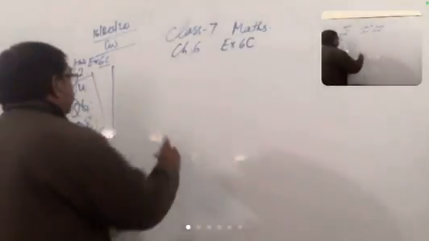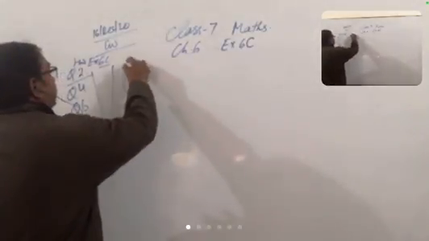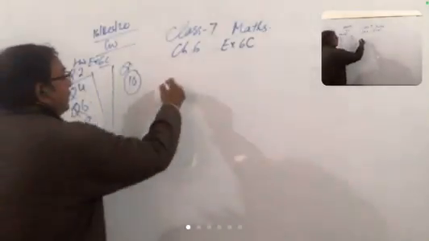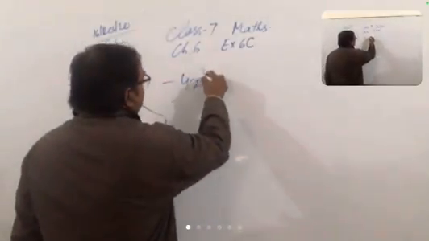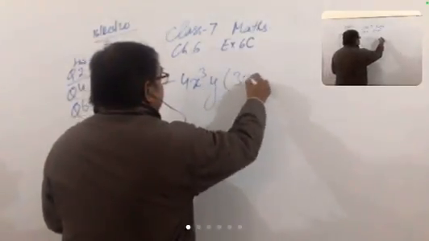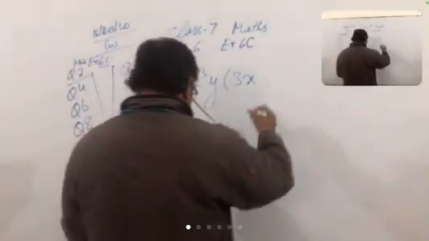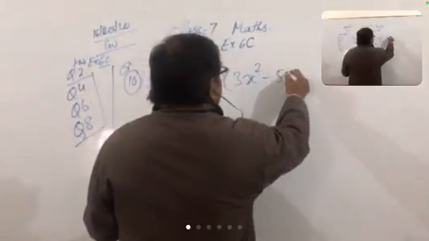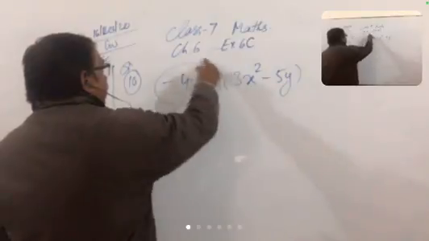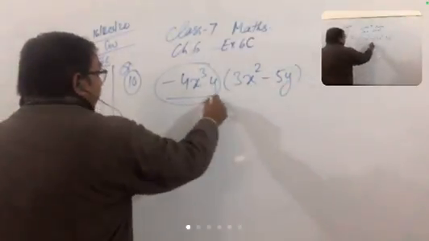Now the question number 10. Question number 10 is minus 4x to the power 3 y in bracket 3x square minus 5y. So see, this is the monomial and this is the negative term.